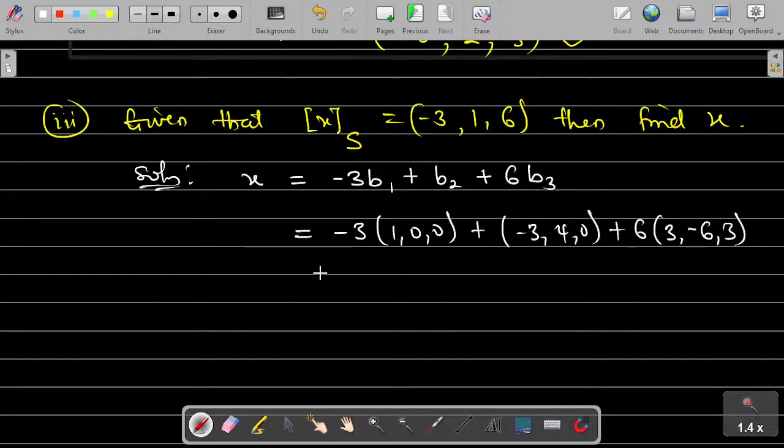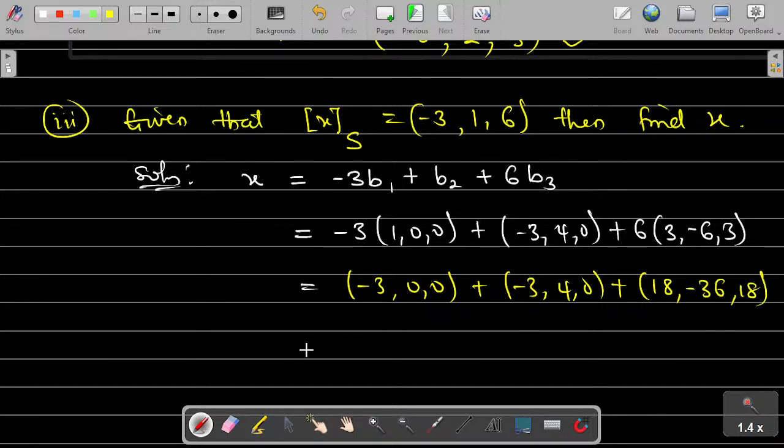So all we need to do now, first of all, multiply out. This is going to be minus 3, 0, 0. This one remains unchanged, the coefficient is 1, and this one changes to 18, minus 36, 18.